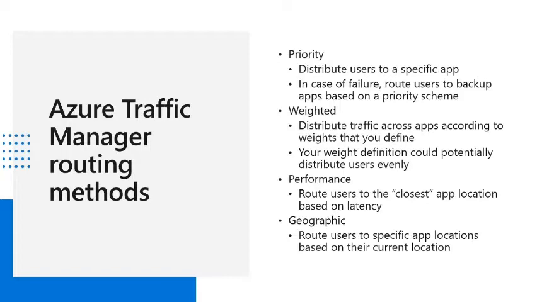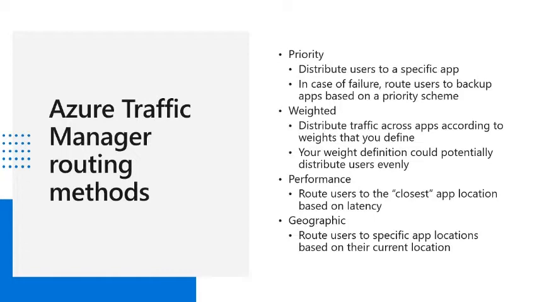You have weighted, so you distribute traffic across a set of apps either evenly or according to weights which you define. So let's say you want to distribute the traffic evenly over all the app instances, then you can do so.